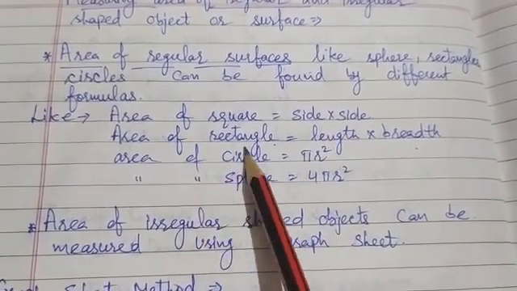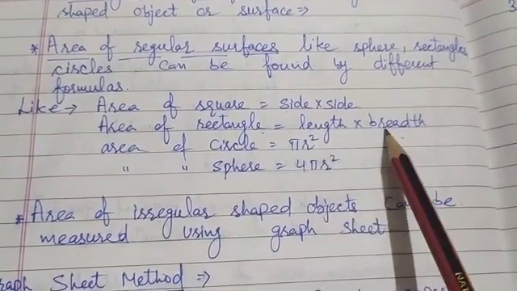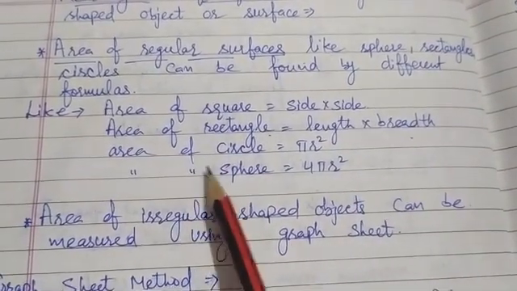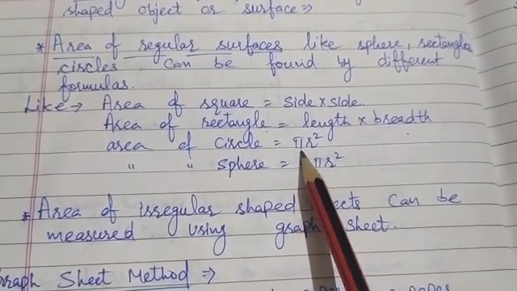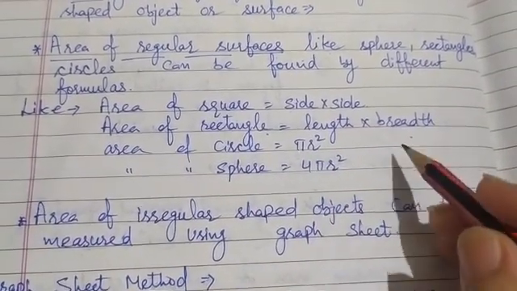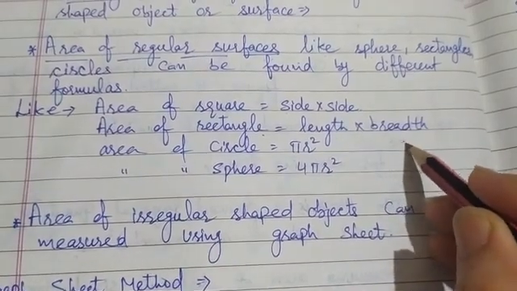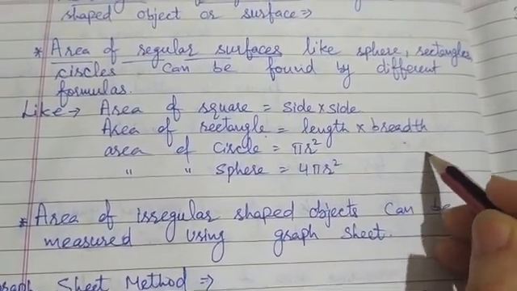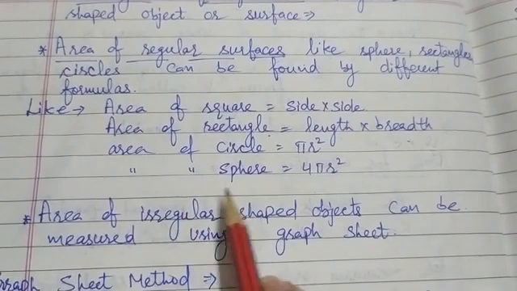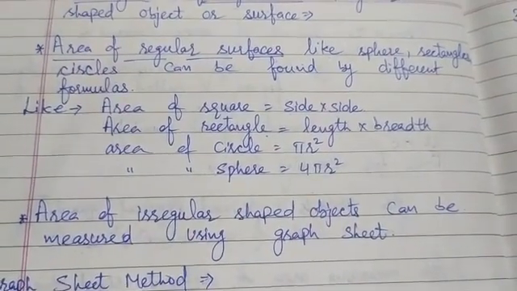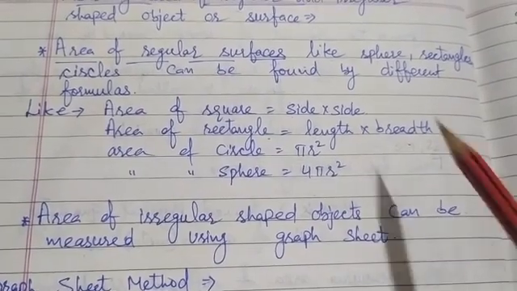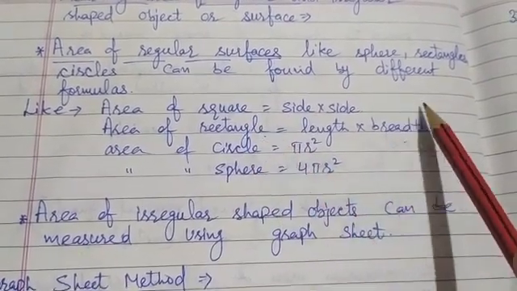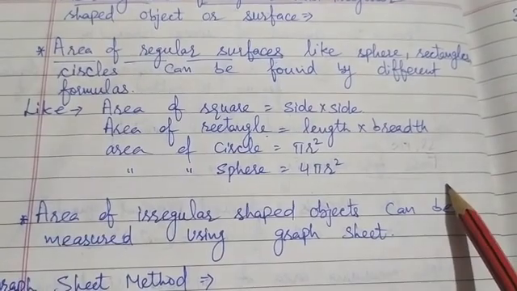For area of a rectangle, there is the formula length multiplied by breadth. Similarly, area of a circle can be written equal to πr², where pi is a constant whose value is either 3.14 or 22/7. Then the area of a sphere is equal to 4πr². So we can find out the area of these regular shaped objects by using the different formulas.